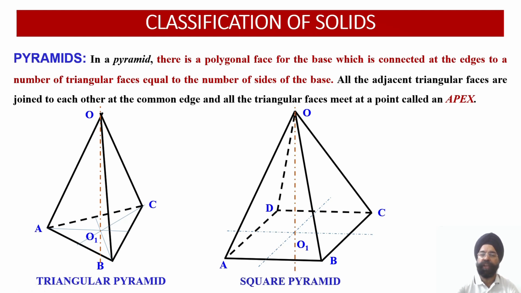Another thing you need to remember: in the case of a pyramid, the number of points to be dealt with in any construction will be n plus 2. In the case of a triangle, 3 corners are there, so the number of points in every figure will be 3 plus 2, equal to 5.